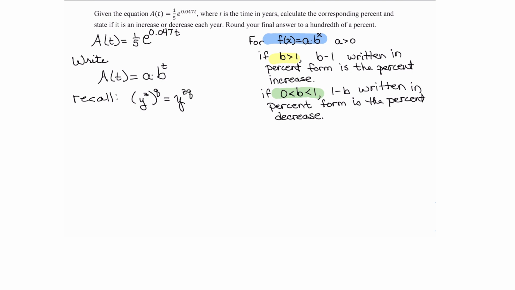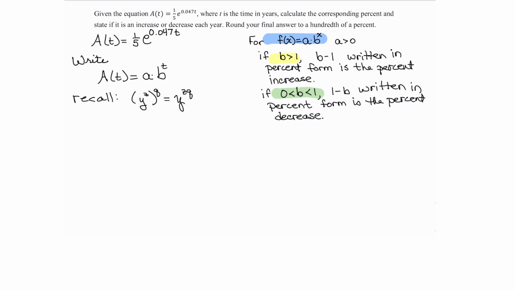Well, that's what we did when we simplified most of our exponential expressions before, but this is also true the other way. So if I have y to the z times q power, then I can write this as y to one of the exponent factors, and then that quantity to the power of the other factor.